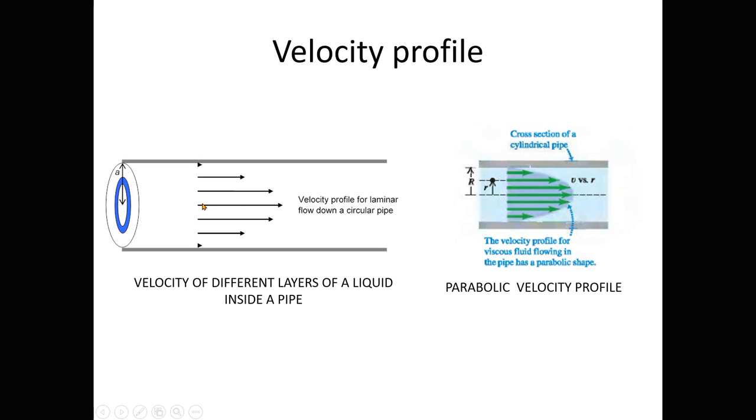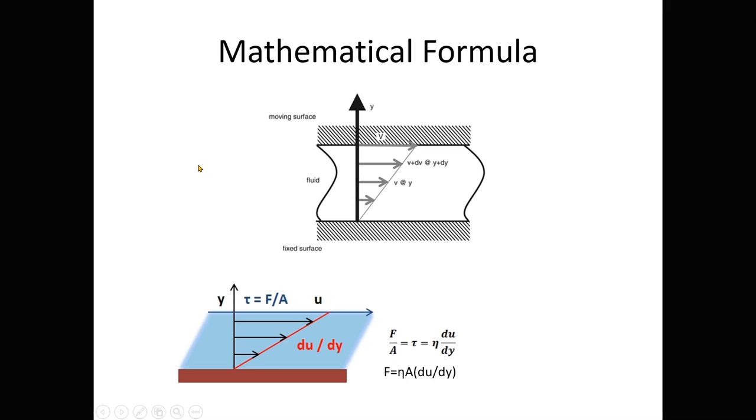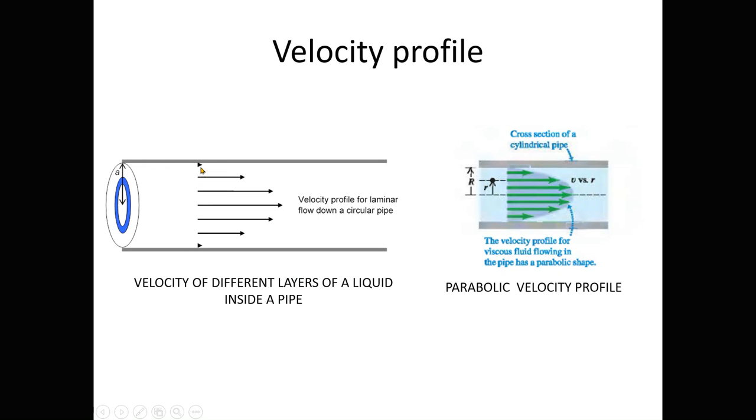So this is maximum velocity, and as we increase height, the velocity again decreases. So the velocity is 0, then increases, reaches maximum velocity, and then decreases.